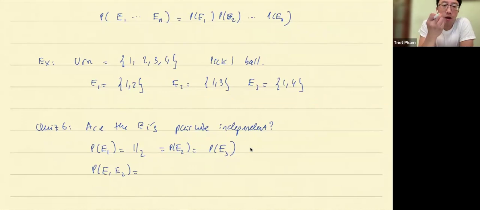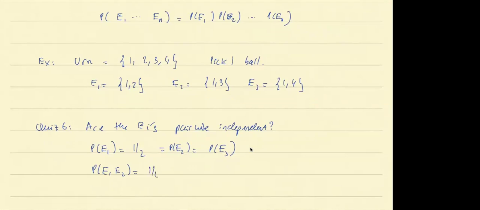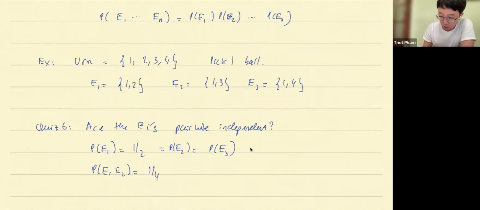It's 1/4, right. Is that clear? Because E1, E2 intersection is just ball 1, right? 1 out of 4. Are we okay? And it's clearly, right, it's 1/2 times 1/2. Correct? So they're all pairwise independent.